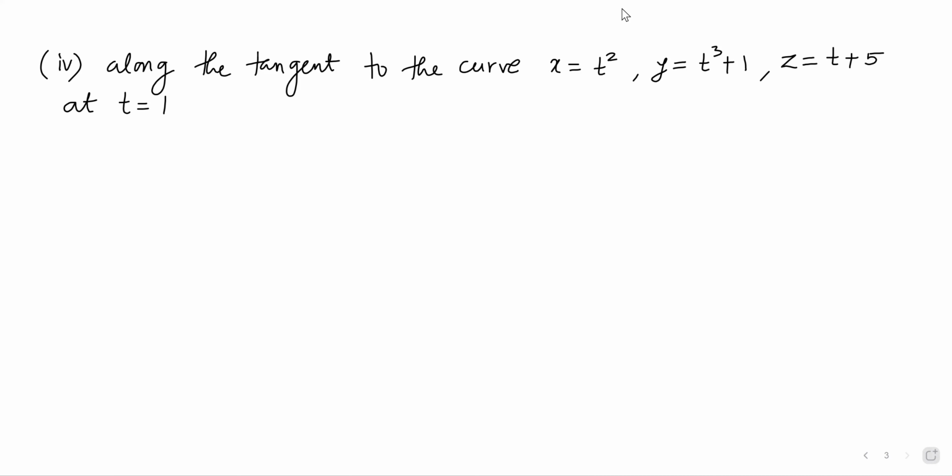Okay. Now this is the next one. So what is the direction? The direction is the tangent to this curve.